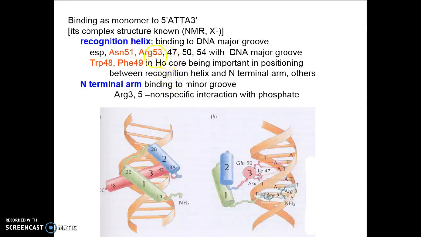Specifically, arginine 53 and asparagine 51, plus some other residues, are positioned in the DNA major groove, and also some hydrophobic residues 48 and 49 also play an important role in positioning between the recognition helix and the N-terminal arm.